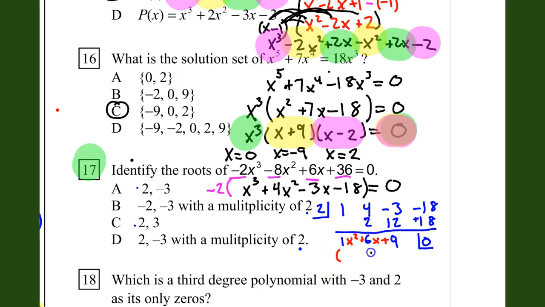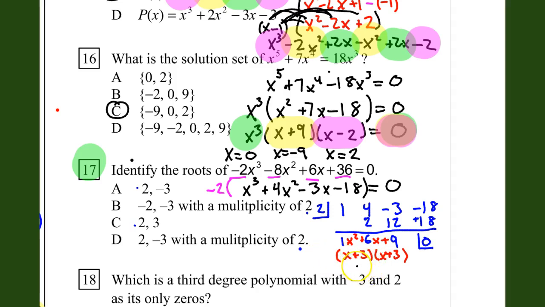If you factor that down, what factors to x squared is x and x, and what factors to 9 is 3 and 3, which also happen to add to 6. So we have a multiplicity of 2 for negative 3.